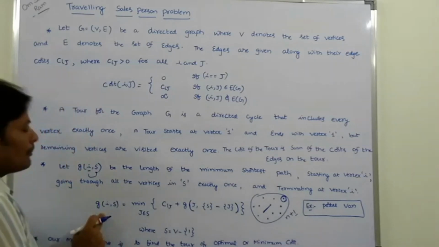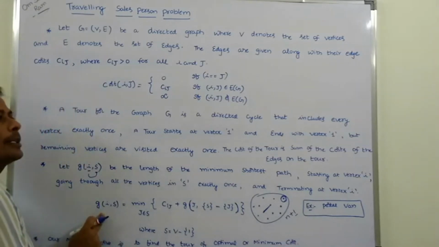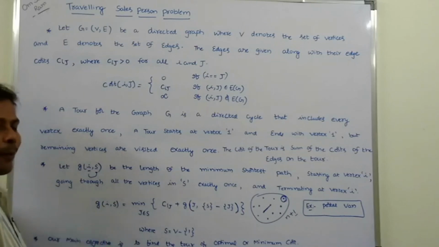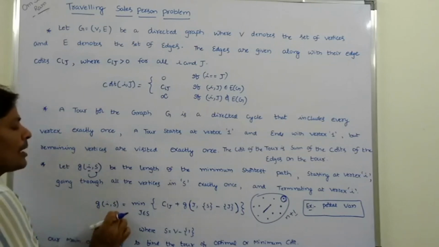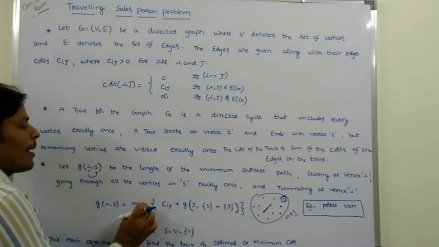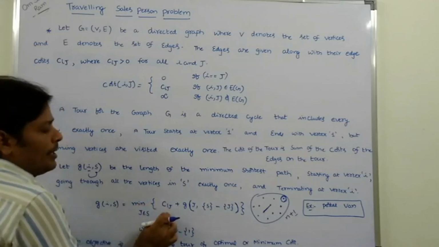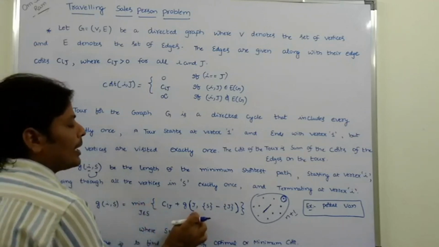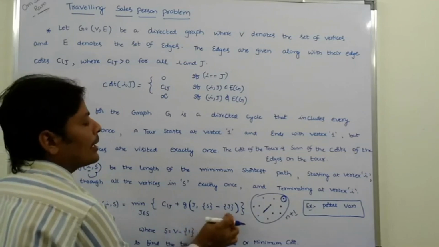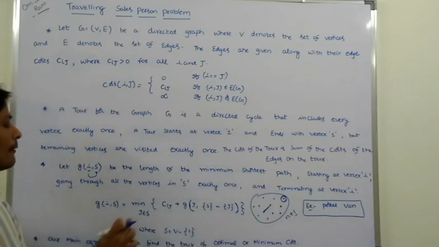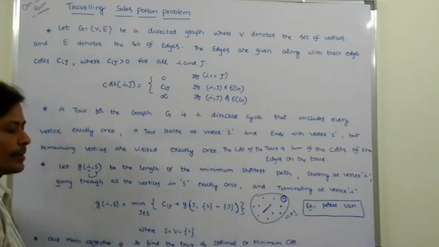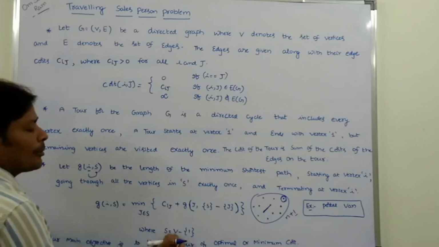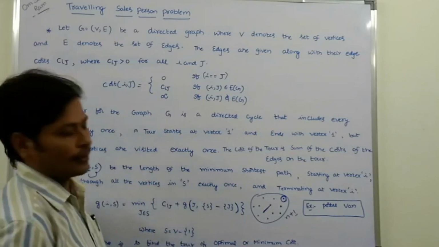So this is the formula for finding the optimal solution in the traveling salesperson problem. G(i, S) = min over j in S of (Cij + G(j, S - {j})), where S = V - {1}.